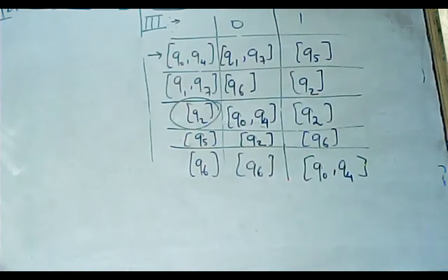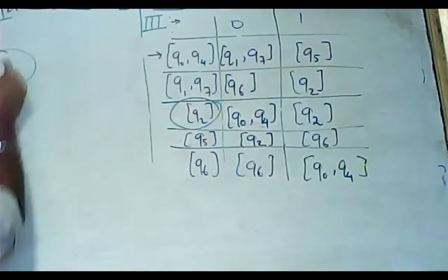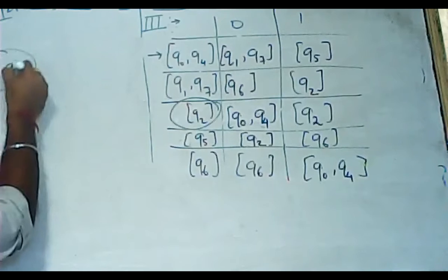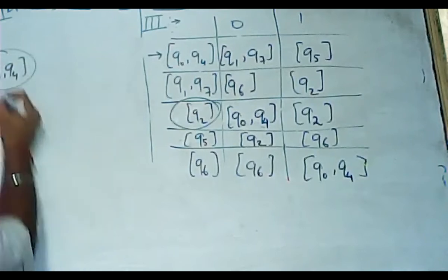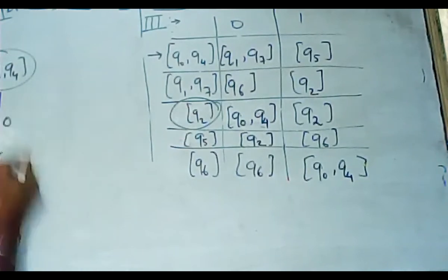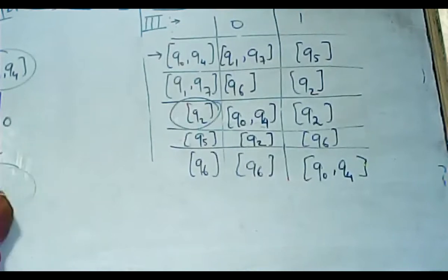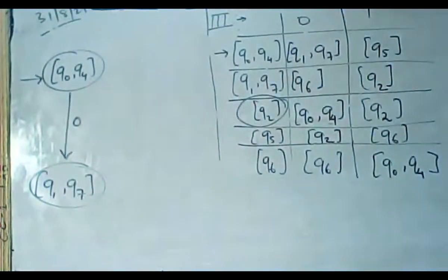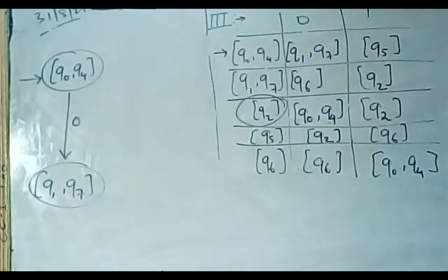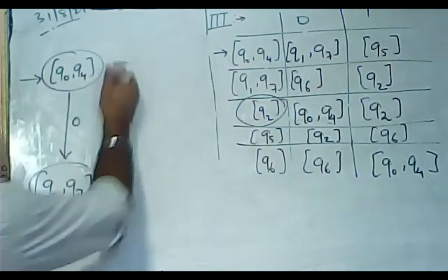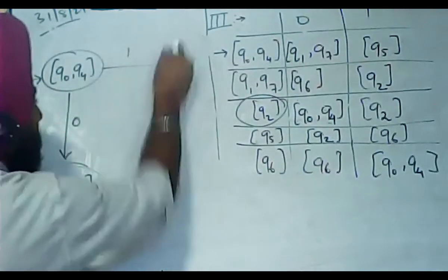So let me complete this. First state is Q0, Q4. Upon the processing of 0, it is going to Q1, Q7. Next, upon the processing of 1, it is going to Q5.